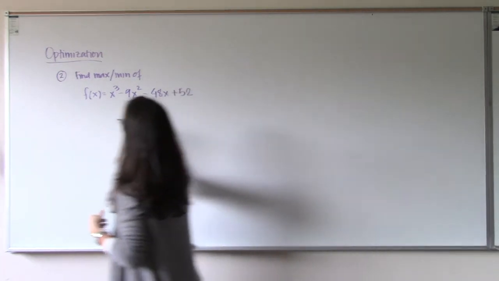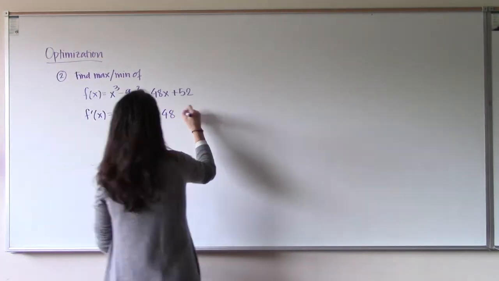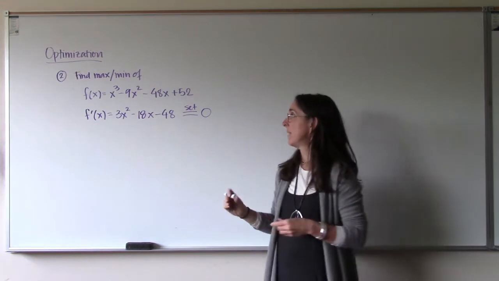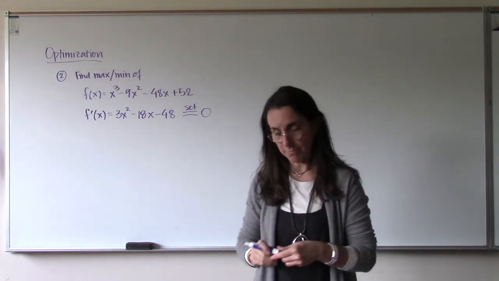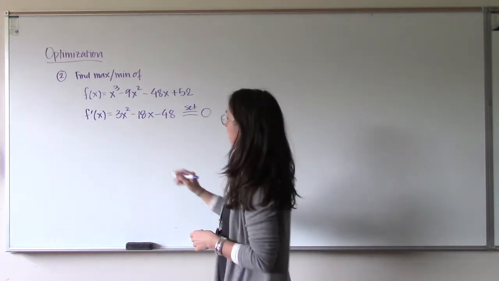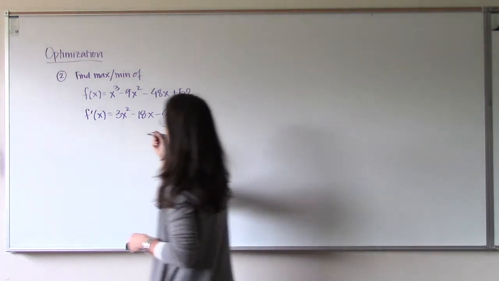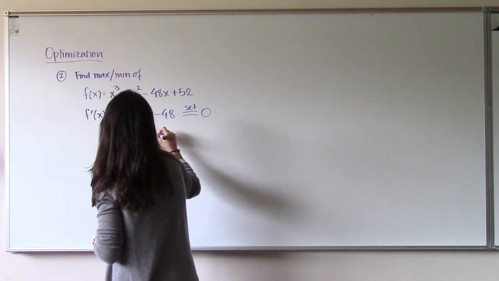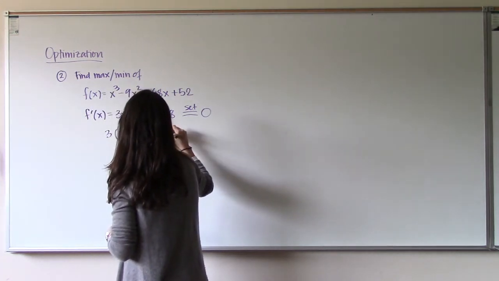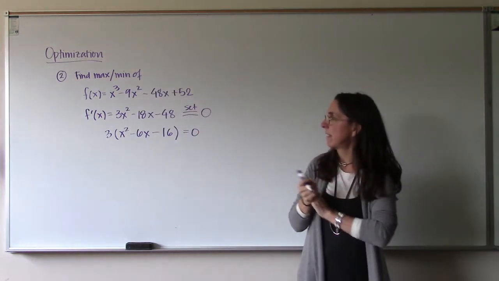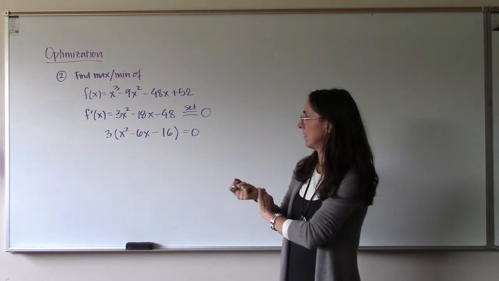So we take the derivative and we set it equal to 0, and in this case we get a quadratic. And I think this one is factorable, so if we divide everything through by 3, that stuff inside the parentheses factors.